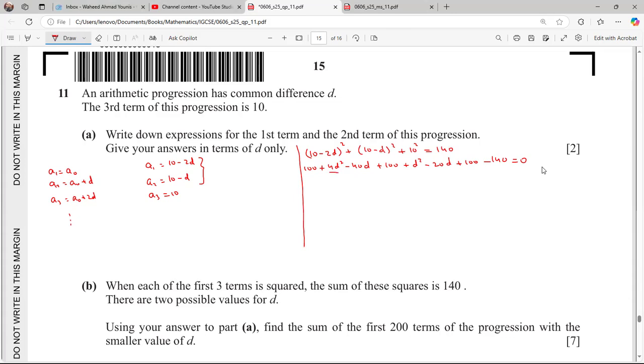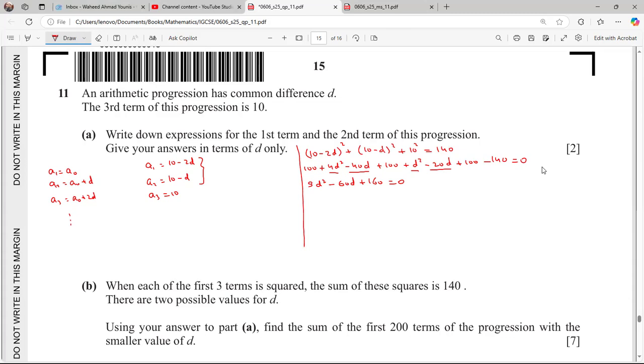So 4d squared plus d squared is going to be 5d squared. Minus 40d and minus 20d is going to be minus 60d. Then I have 100 plus 100, 200, 300, minus 140 is going to be 160. So plus 160 equals 0. I hope you are with me.